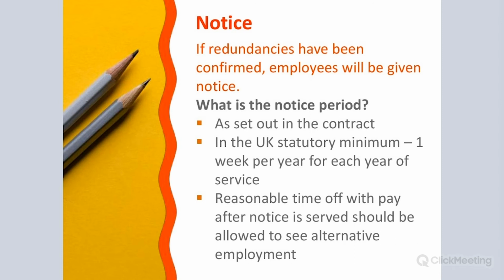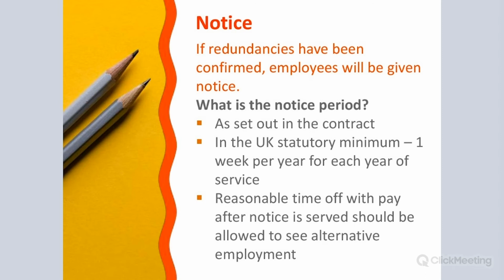You need to think about notice. So when an employee is dismissed by reason of a redundancy, they will be entitled to notice. So as part of planning a collective redundancy, you will need to have looked at what notice periods apply in respect to the employees who are affected. And that might vary.